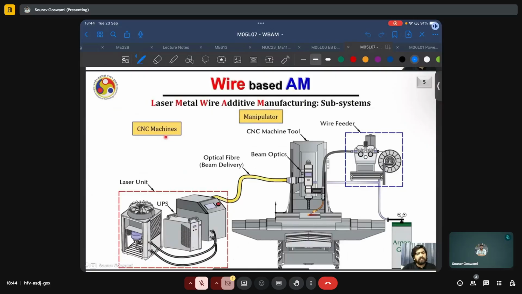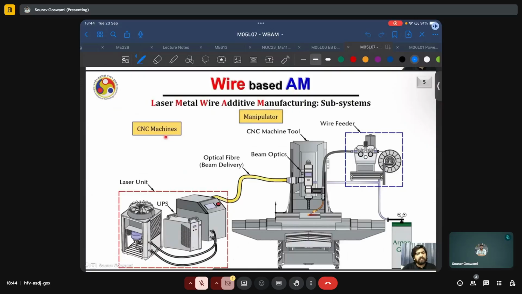The schematic for such a system is shown here, where again we have a dedicated laser unit with a laser generator section, a UPS, and a chiller unit to prevent overheating. The laser is transferred to the deposition head using an optical fiber, and the deposition head itself is mounted onto the machining head of a pre-existing 3-axis or 5-axis CNC.